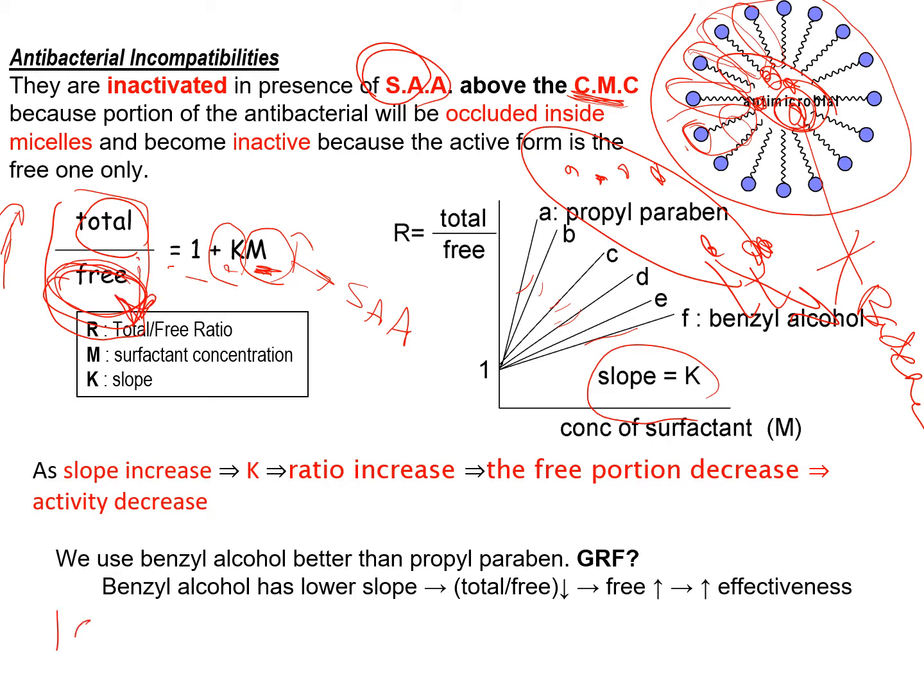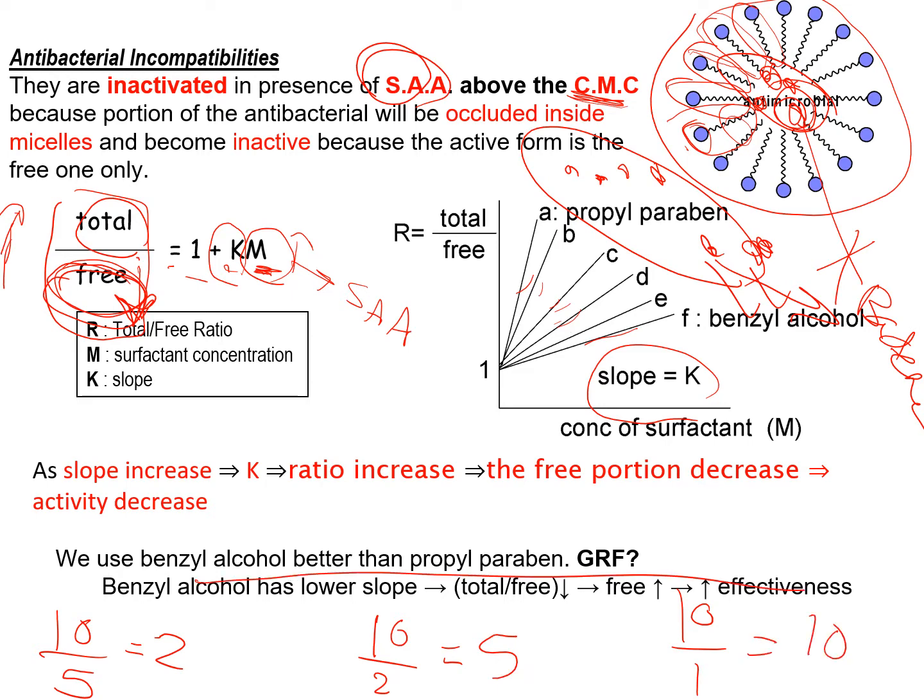Like when you divide 10 by 5, 10 by 2, and 10 by 1. 10 divided by 5 equals 2, 10 divided by 2 equals 5, 10 divided by 1 equals 10. You can observe here, when the number increases from 2 to 5 to 10, what makes this number increase? Because the denominator is reducing from 5 to 2 to 1.